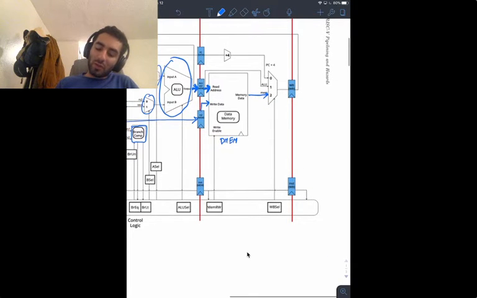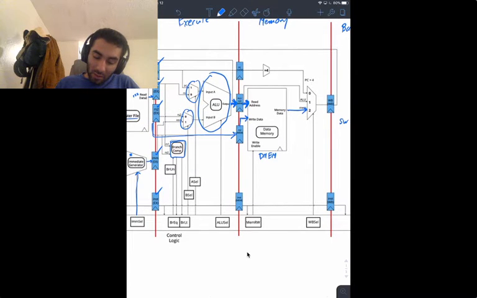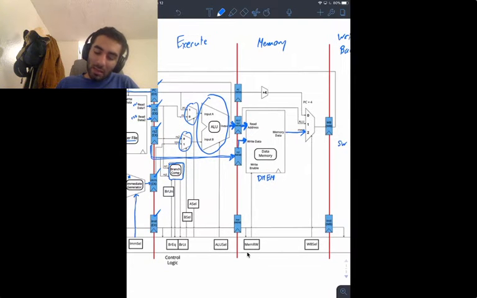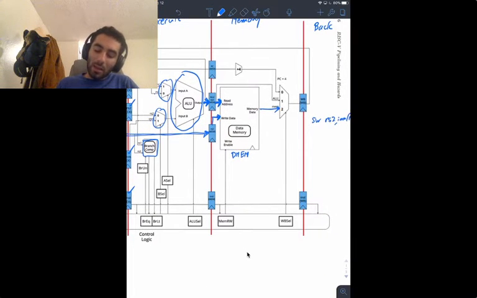If you remember, the function of a store word instruction is store word RS2, some immediate, RS1. And if you notice, what happens there is that we're actually feeding RS2 as the write data, and then we're adding RS1 plus the immediate to get the address that we care about. And it will store it in there. And sure, technically when you're storing it, it will still spit out some memory here.